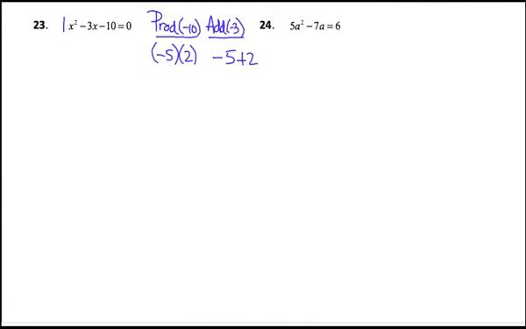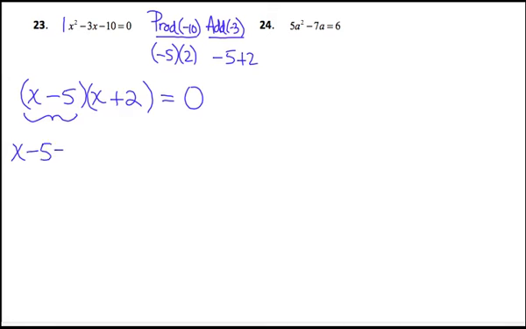And really then, you just need to factor this trinomial into the product of two binomials where you have an x in the front of each of those because their product is x squared, and one's got to have a minus 5 and the other's got to have a positive 2. And now we use the zero product rule, which says if you have two or more factors that are equal to 0, any one of them at any given time would be equal to 0 for this statement to be true.